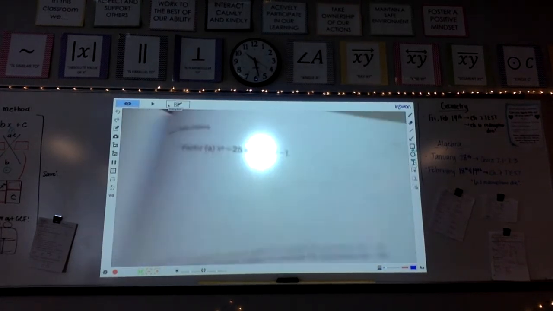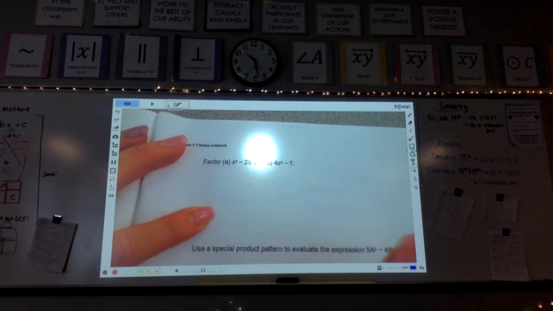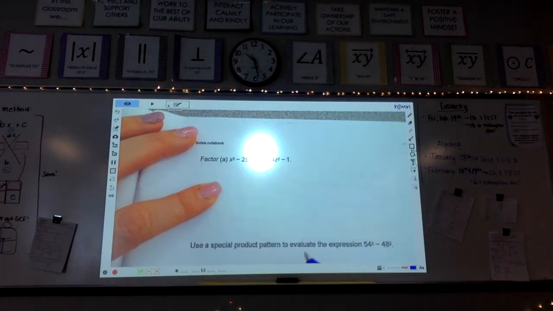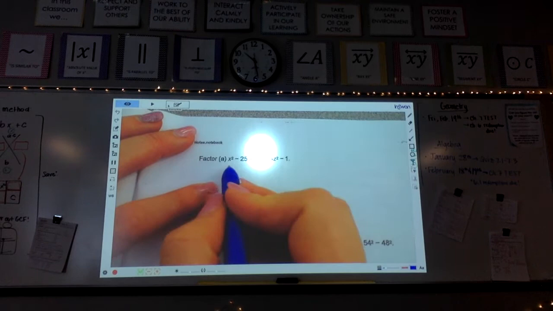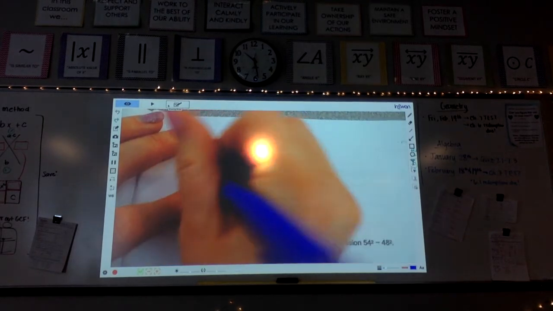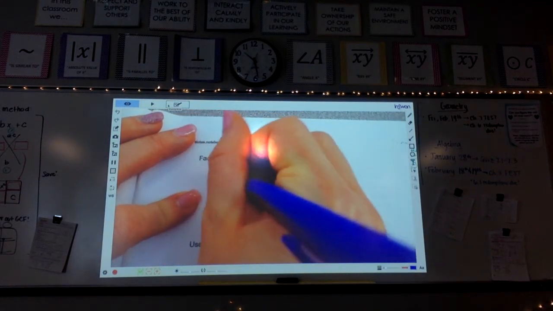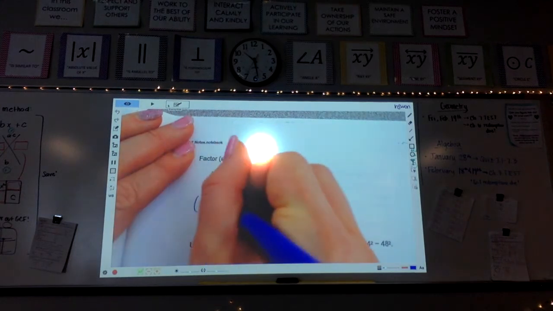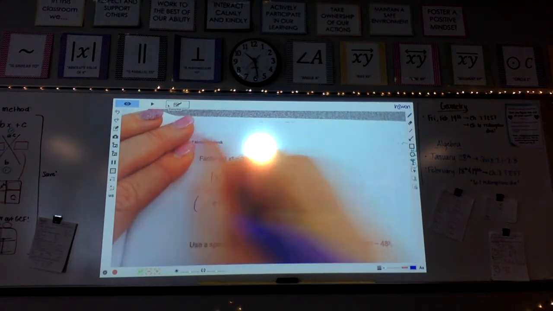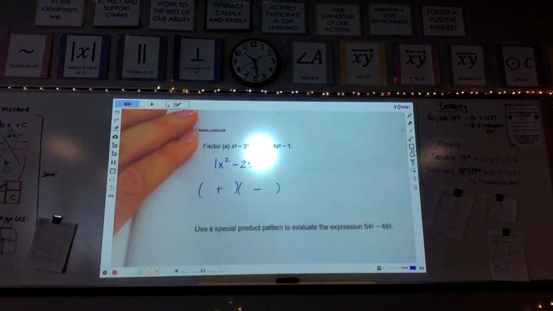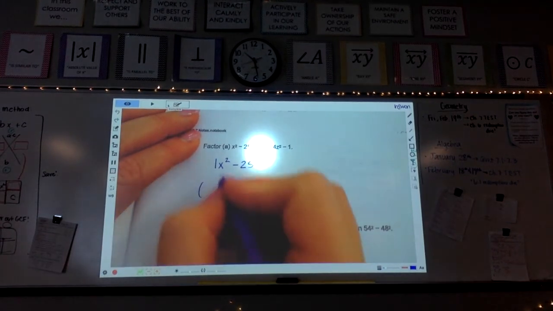For our first example at the top, we have x squared minus 25. That is a difference because it is subtraction of two perfect squares. What's the number in front of x squared here? 1. And 1 is a perfect square. So this will factor into the following pattern. We square root the first term.